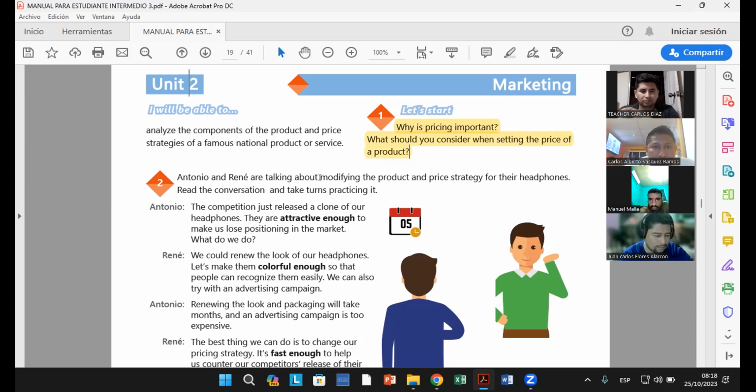The other company could take advantage of that. For example, I am going to tell you, here in San Miguel I see Domino's Pizza.